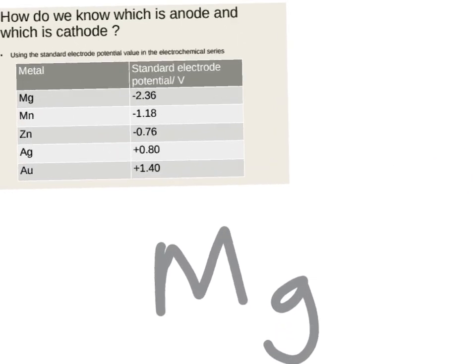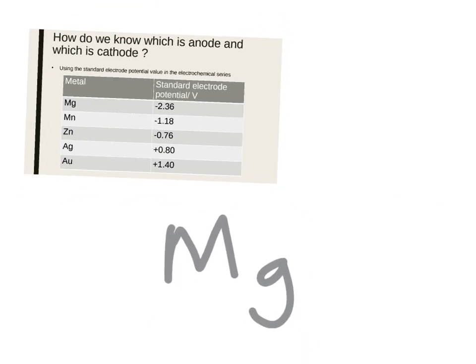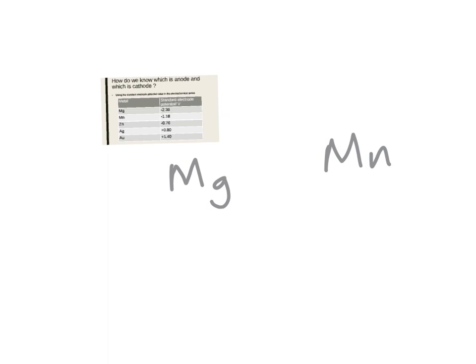From this we can see magnesium has a minus 2.36 voltage, manganese is minus 1.18 voltage. We have discussed that the more negative one acts as the anode, the less negative one the cathode. So magnesium is the anode here and manganese is the cathode.